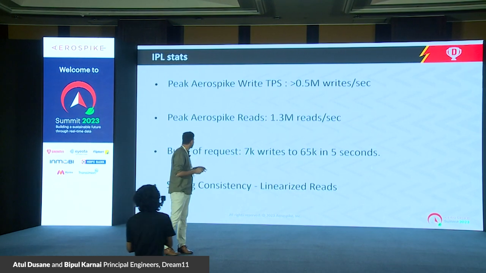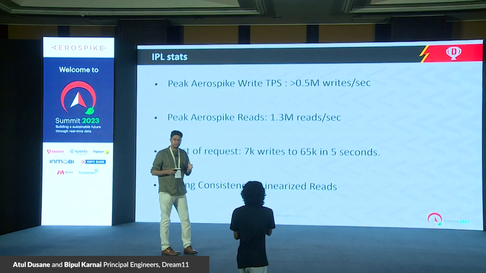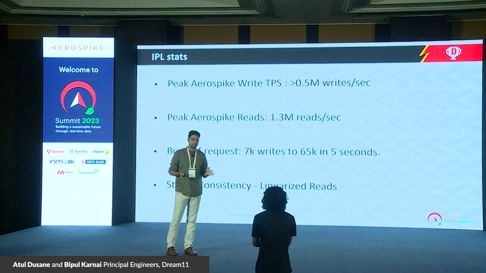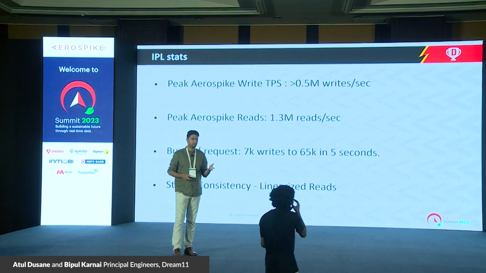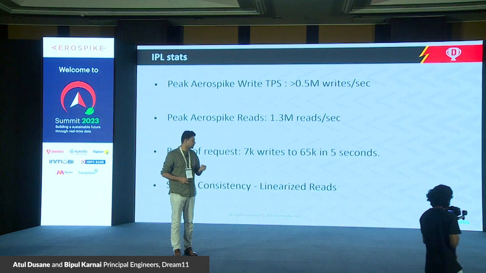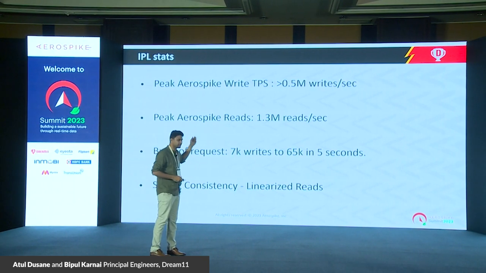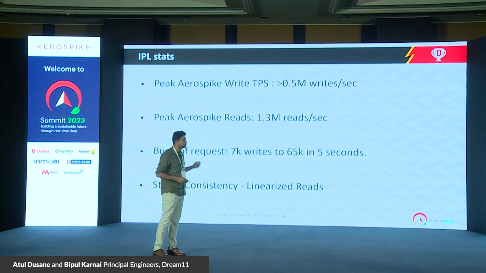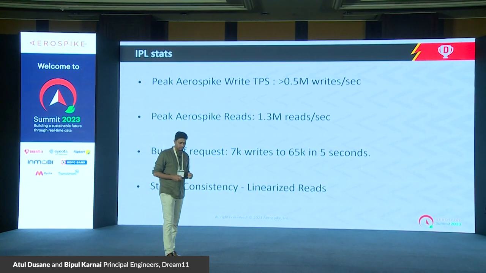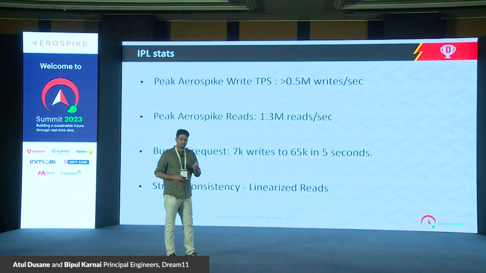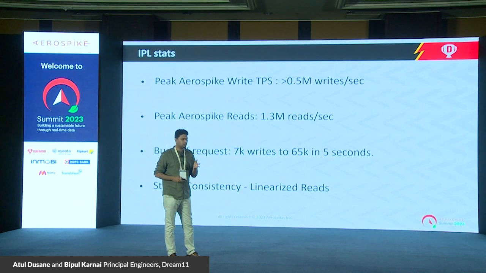And as I said, team service is super critical to fantasy gaming. Let's say during an IPL game, we get a team creation request of around 65k TPS or 0.5 million writes per second. And we cannot afford a single minute of downtime. One minute of downtime is also $1 million of revenue loss.